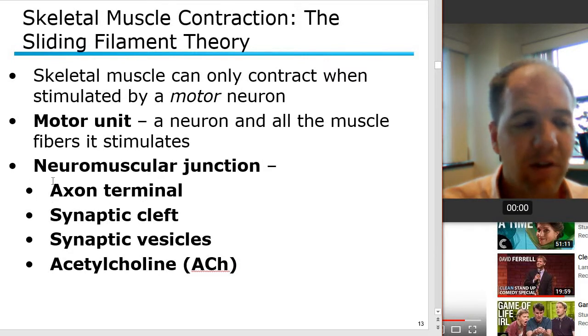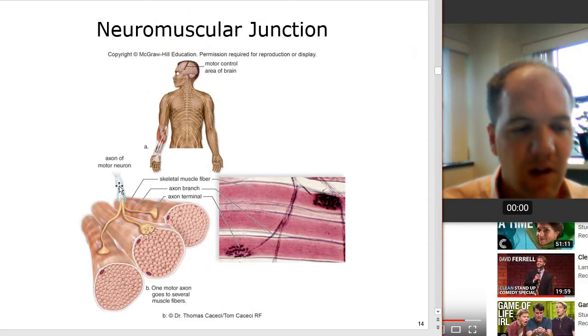One other word I didn't tell you yet, the axon terminal. The axon terminal is where the neuron ends, because the end of a neuron is called an axon. So the axon terminal is where that neuron ends, where it comes in almost contact with the muscle fiber. Okay, so you have our axon terminal, we've got the synaptic cleft. So what's going to happen here?